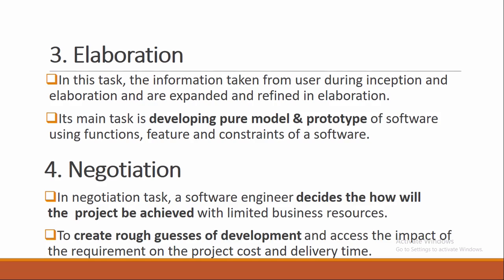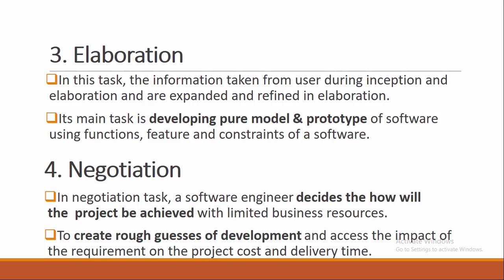Next is negotiation. Yes, so in negotiation, software engineers and stakeholders discuss and decide how the project will be achieved with limited business resources. They discuss which requirements can realistically be implemented, since resources such as time, budget and manpower are limited.